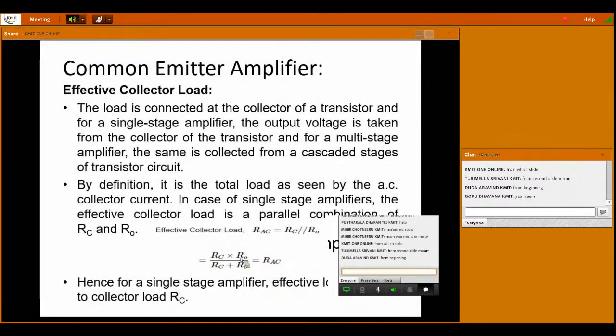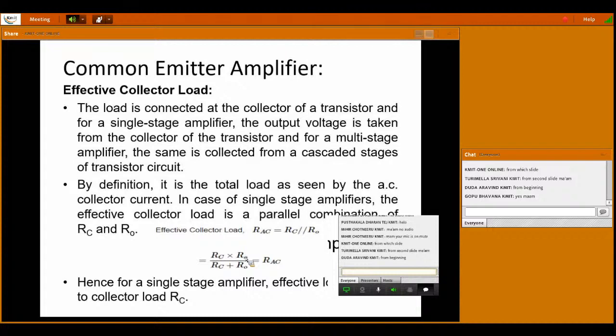Since the collector current doesn't depend on the collector to emitter voltage change, R naught is high. In a parallel combination of RC and R naught, if I have the smallest value connected in parallel with the highest value, the parallel combination is ultimately equal to the lowest value.